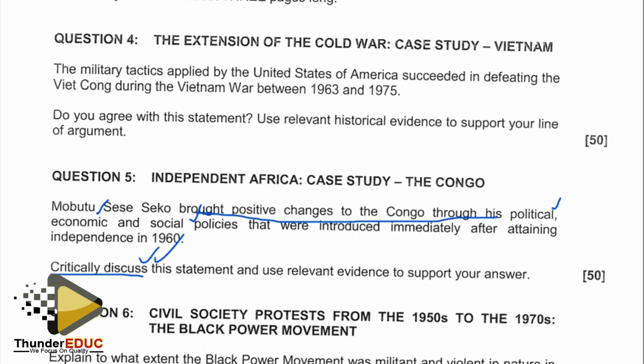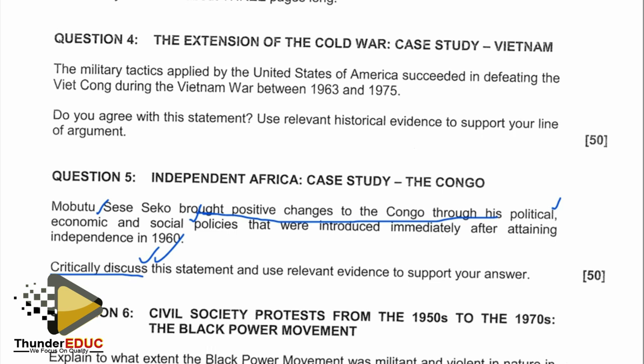On the social side, education: he withdrew education and many citizens could not afford to send their kids to school, leading to a rise in illiteracy in the country. That is a negative implication on society. So you need to support your argument and indicate how you are going to support it.